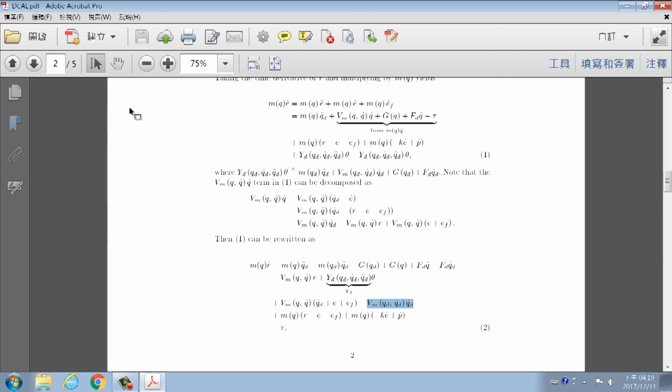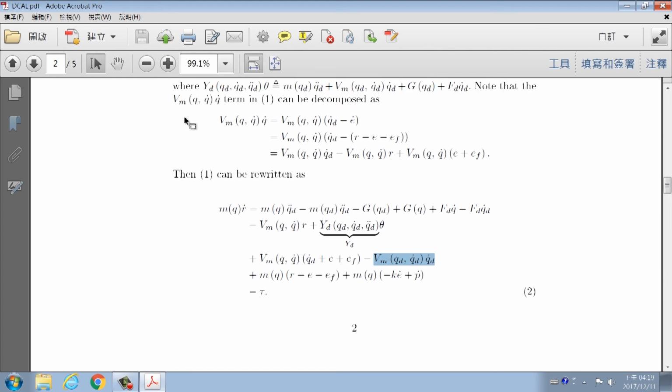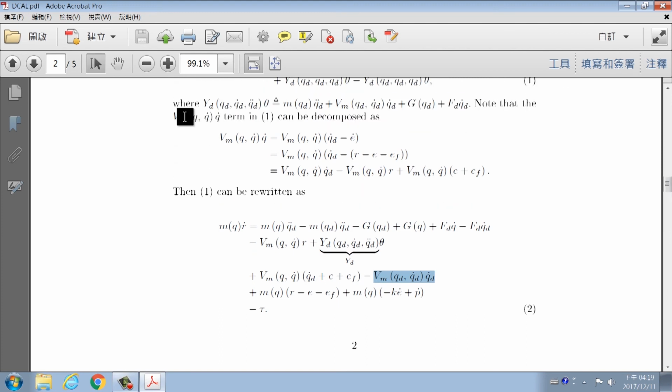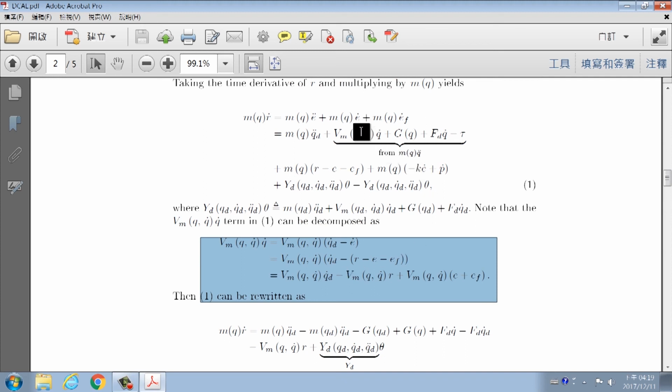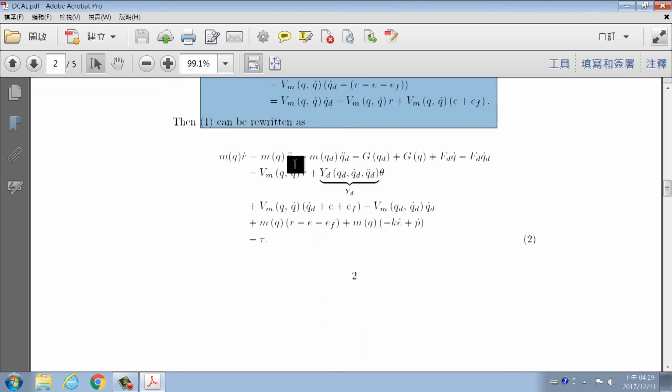The board is not large enough to let me put all the equations on the board. So using this equation and substituting back to here, and using that relation and substituting back into the first equation, you can get this.